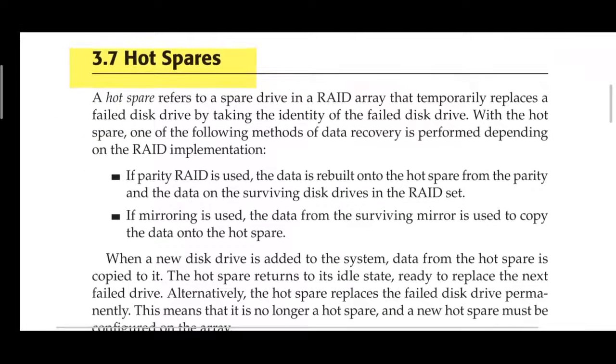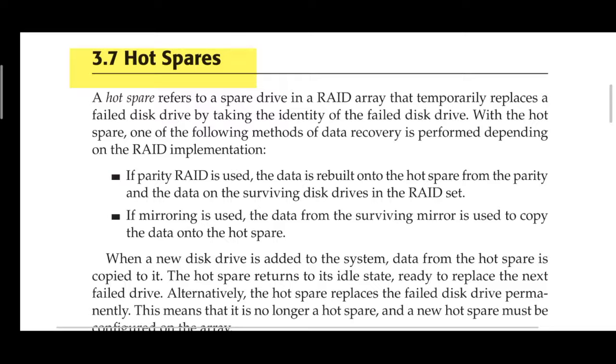So next is about hot spares. A hot spare, you know about the spare part. A spare part is what? Of your vehicle and all, an accessory. So a hot spare refers to a spare drive in a RAID array that temporarily replaces a failed disk drive by taking the identity of the failed disk drive. That's it.